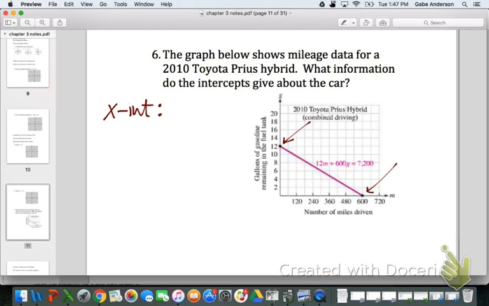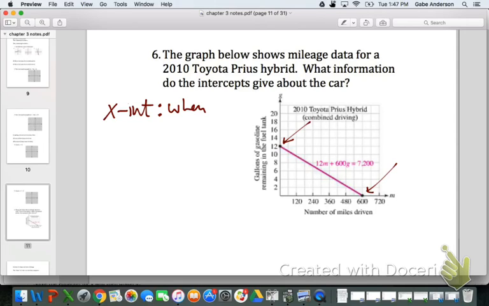Okay, but doesn't an intercept have a coordinate pair, like x comma y? When 0 gallons of gas in the fuel tank remain, you've driven 600 miles. Nicely said.